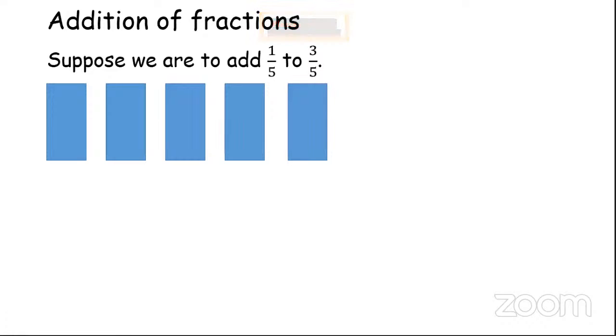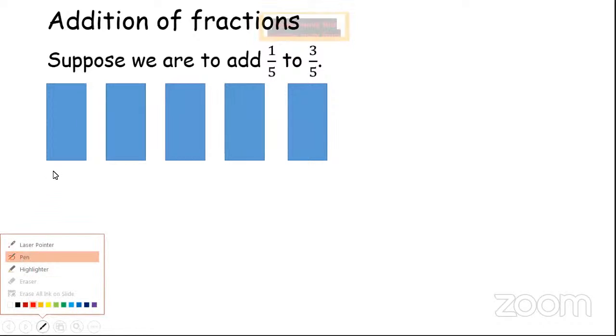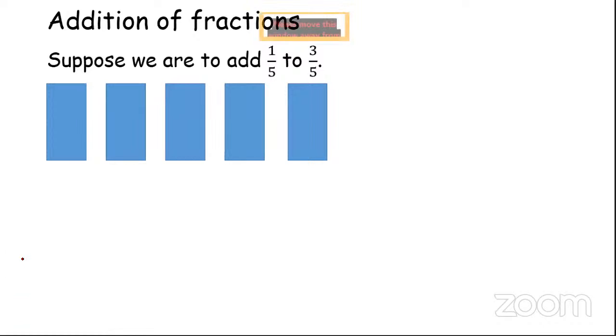And each one would represent a fifth, this one as well a fifth, for all of them. And now I want to get one, so I'll get one of them, place it there, okay?